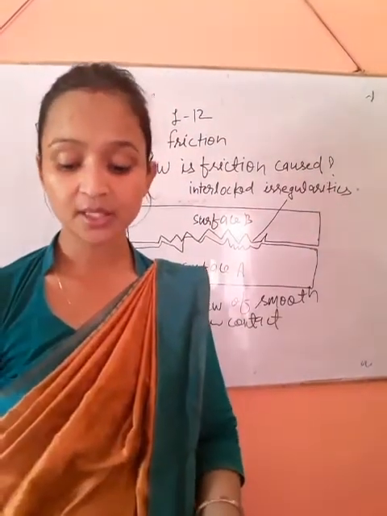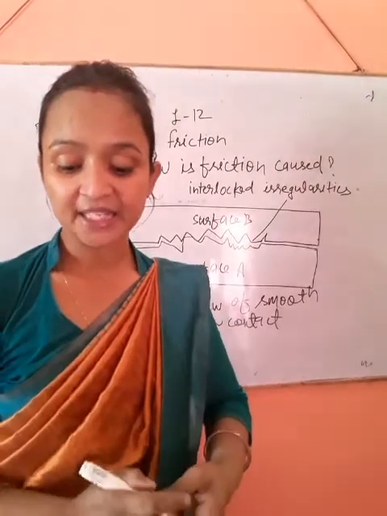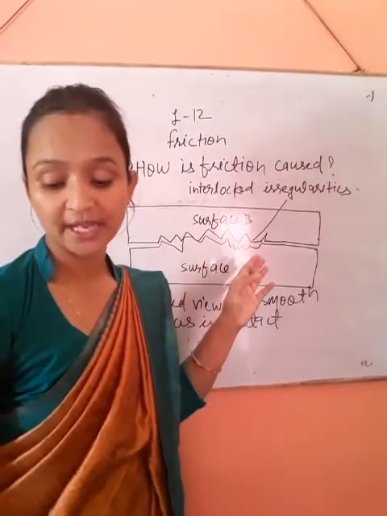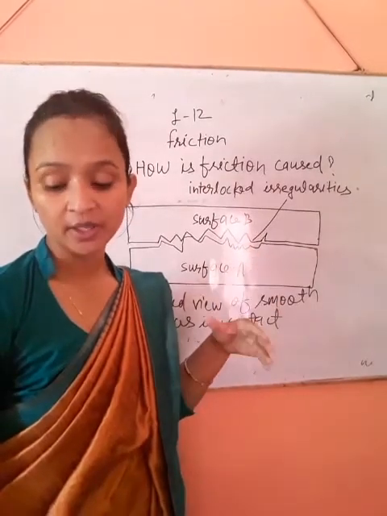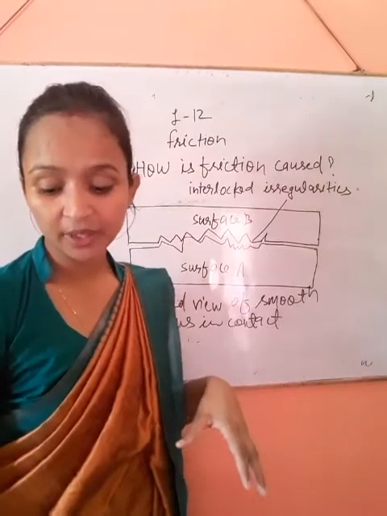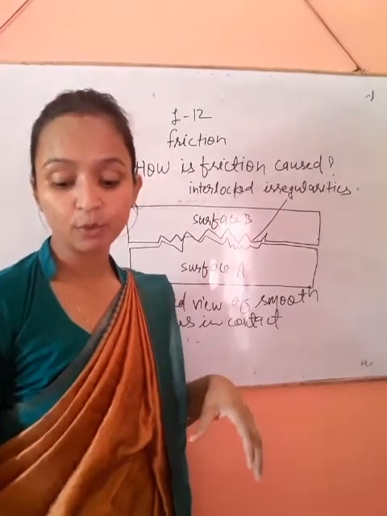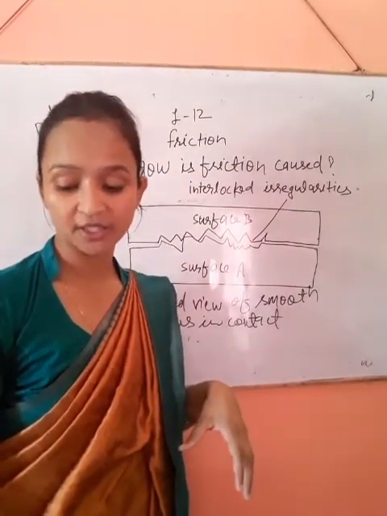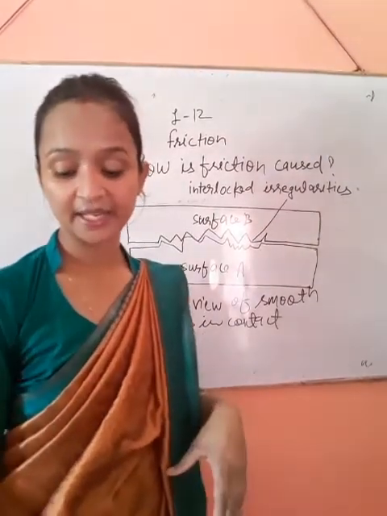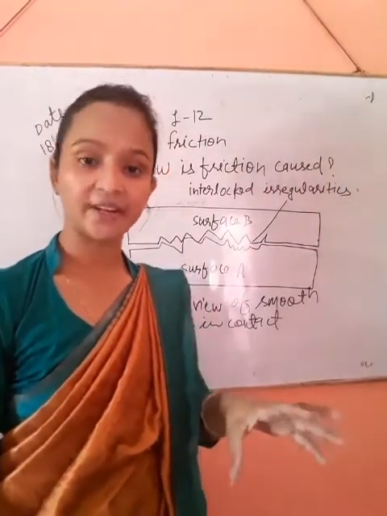It is for the same reason that a sufficient amount of force has to be applied before one body starts sliding over another body. To sum up, the more the irregularities on the two surfaces in contact, that is, the rougher the surfaces in contact, the more is the force of friction.